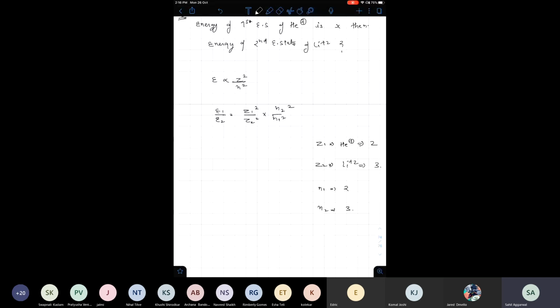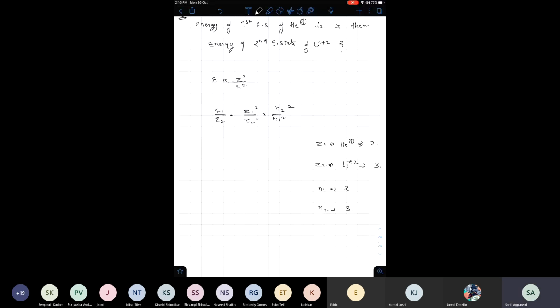Any problem to anyone in excited state and their Z value? Adric, Sejal, Deepika, Komal.